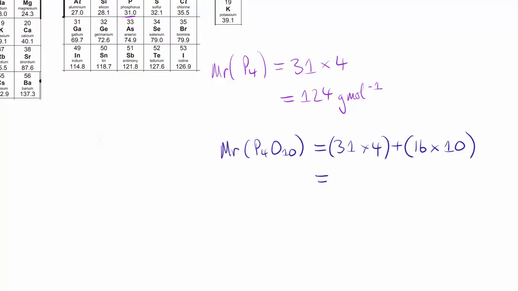What you should have found is that it gives 284, and that's going to be grams per mole.